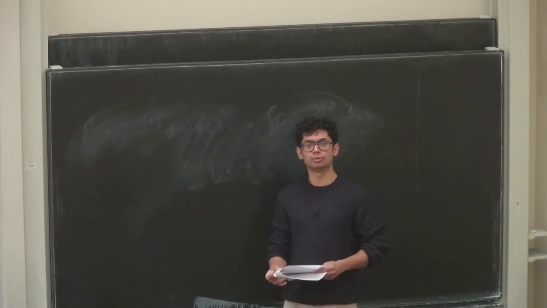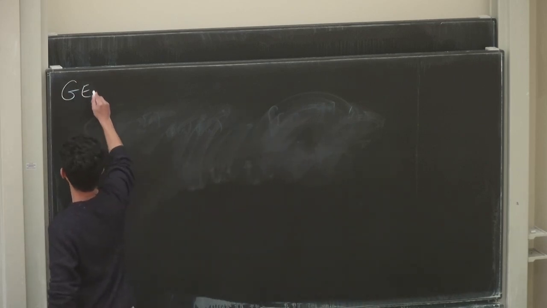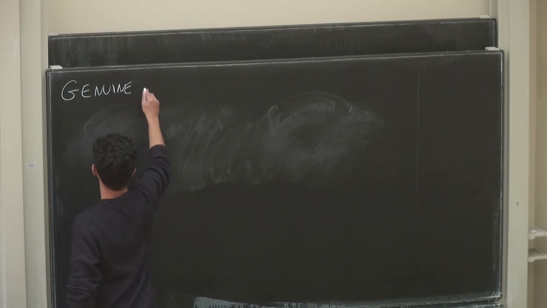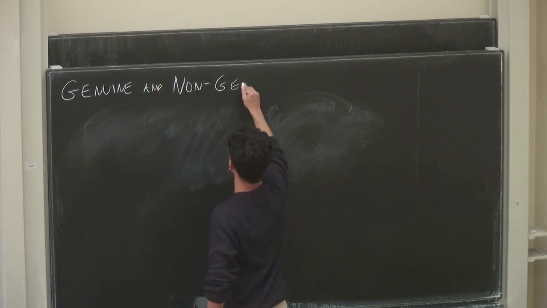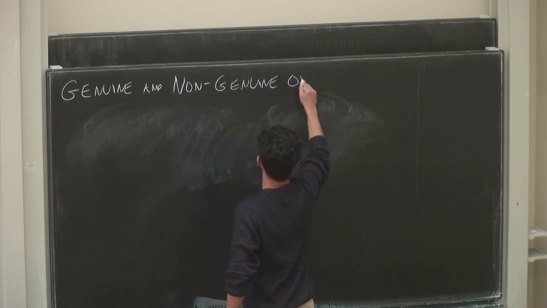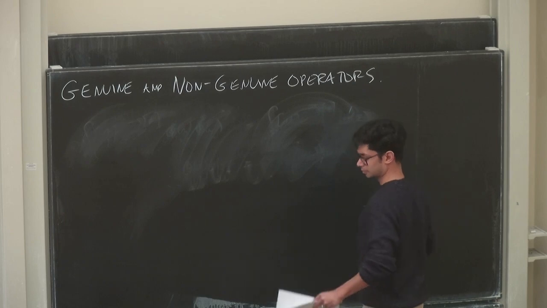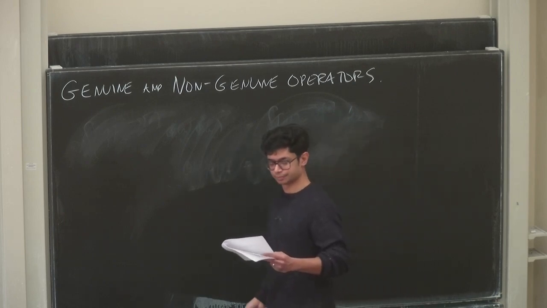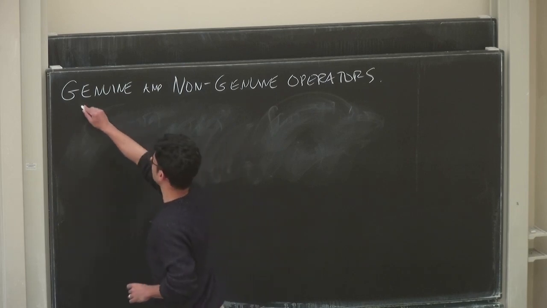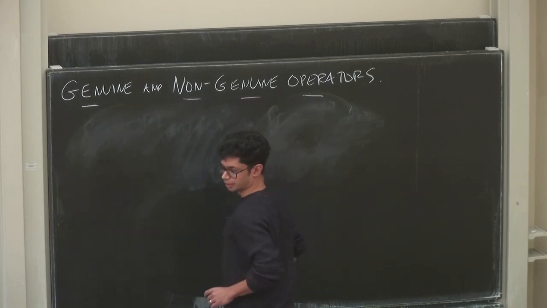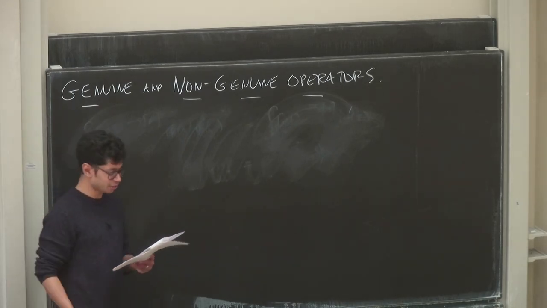So I now want to create a distinction, and this is a distinction between genuine and non-genuine operators. So what does this mean? What's a genuine operator? What's a non-genuine operator?